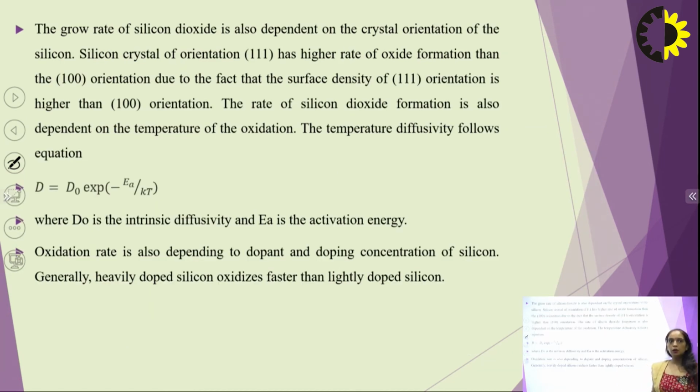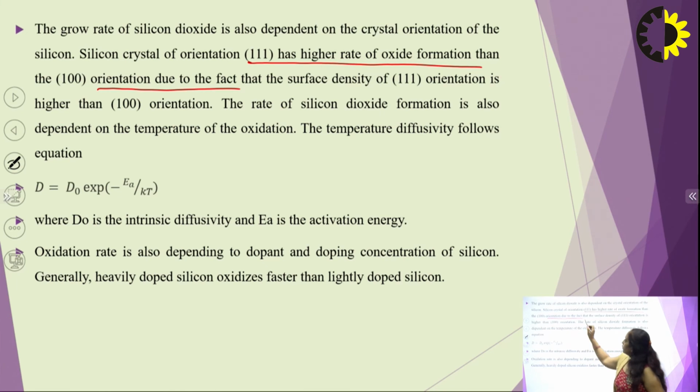So next, the growth rate of silicon is also dependent on the crystal orientation. Your silicon crystal orientation with 111 has the higher oxidation formation as compared to your 100 orientation.